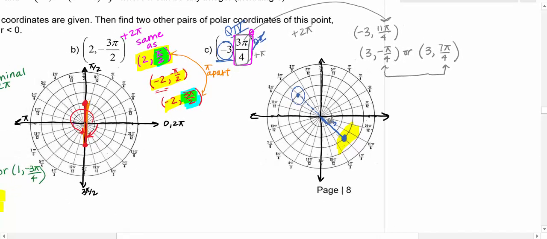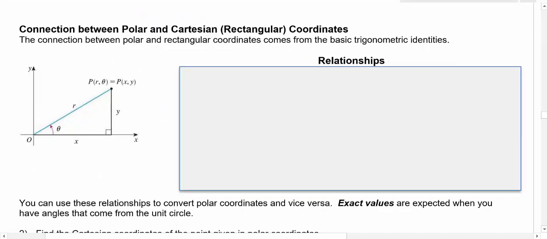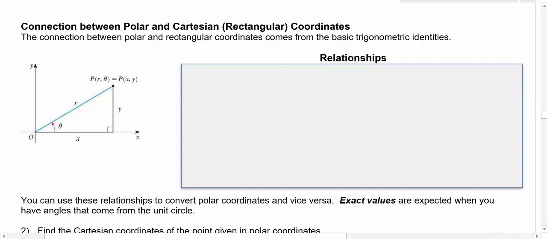Okay, so now that we have a little bit of an idea of plotting, let's talk about some things that we know from pre-calc. Pre-calc meaning anything from before Calc 1, whether you took a trig course or a pre-calc course with trig in it, whatever you had. Let's look at the triangle that I drew at the right, and I'm saying that whether it's in polar or rectangular, this is what it's going to look like.